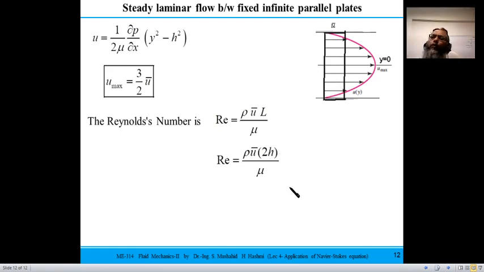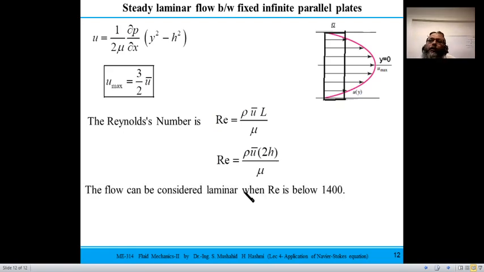As you know from your FM1 course, Reynolds number signifies whether flow is laminar or turbulent. For example, in a pipe flow problem, you know 2000 or 2300 is a number. If the Reynolds number is less than 2000, it would be laminar. Otherwise, it would be transition and then turbulent.